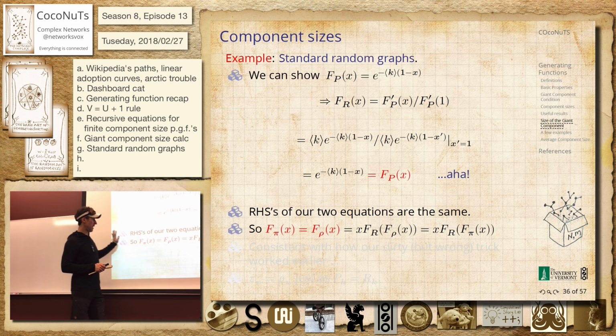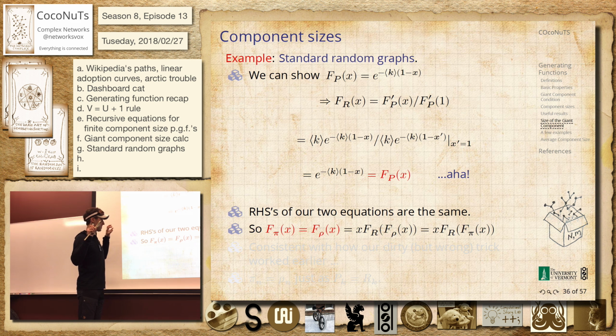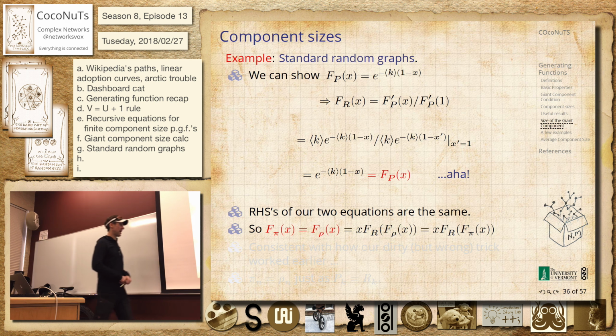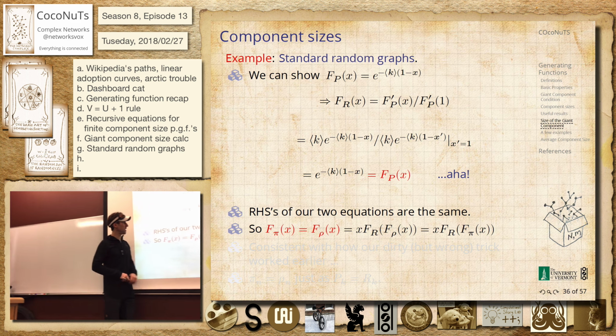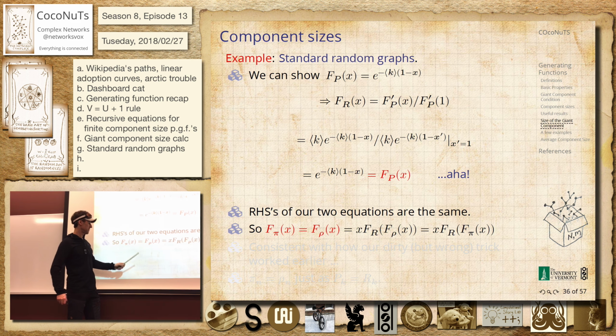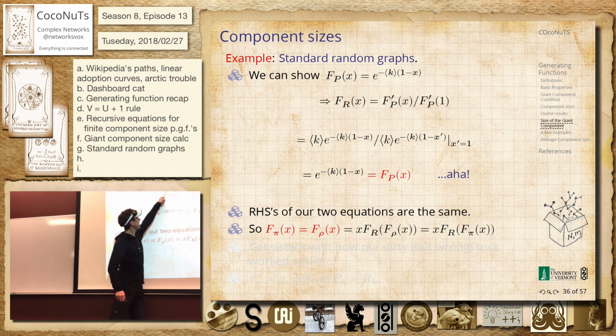So our original two equations that represent the two recursion pictures, the right-hand sides are the same, right? Because we have an FP and an FR, and they're the same.